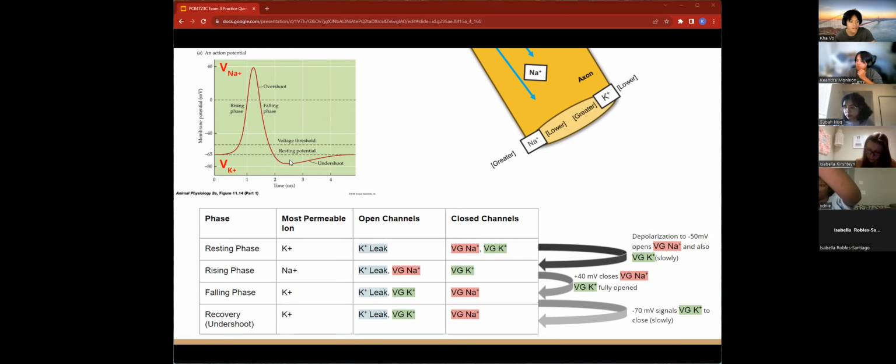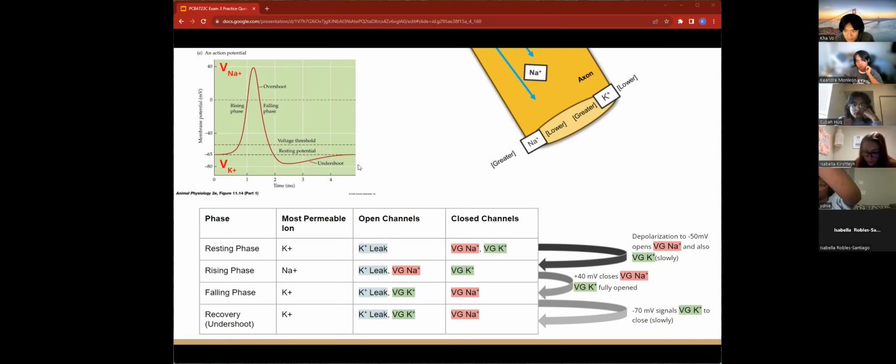In the undershoot phase, the only thing you need to know is that the voltage gated potassium channel takes some extra time to close as well. So it takes time for it to open and it also takes time for it to close. Because of that, we hyperpolarize, and that's called the undershoot. And then eventually we flatten out again, going all the way back up to the resting phase.